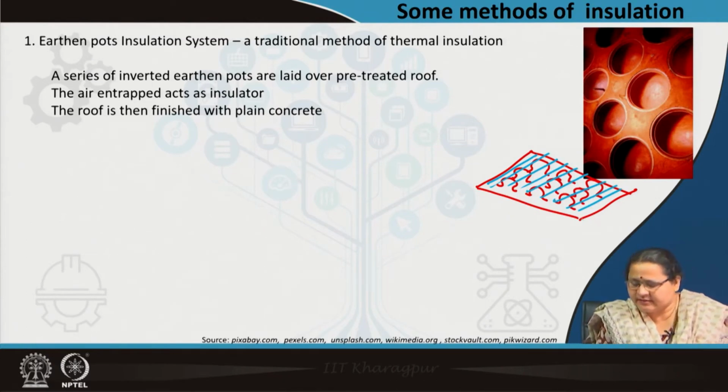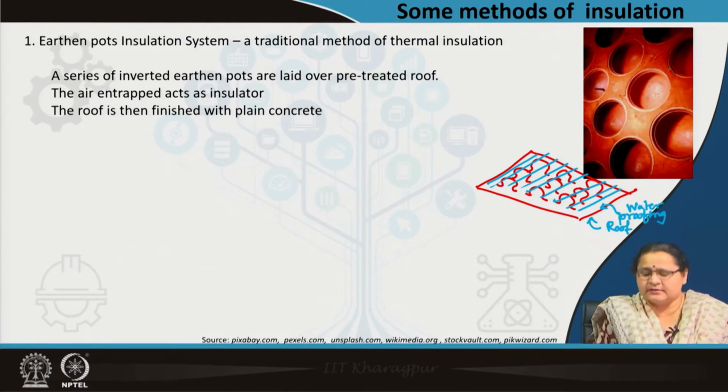So, this is the main roof. You have to have the waterproofing, and then you need to place these earthen pots and then cover it with concrete, a light concrete mix.